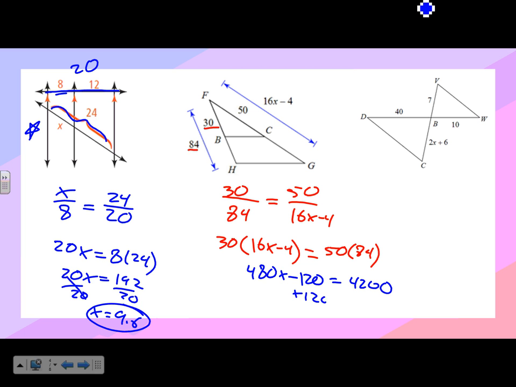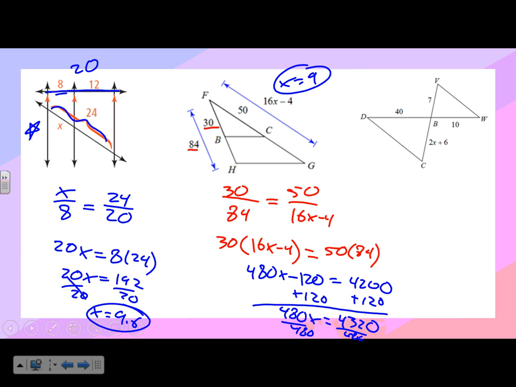Add 120. 480x is equal to 4320, divided by 480 is 9. So this one, x is equal to 9. And this last one, the same type of thing.